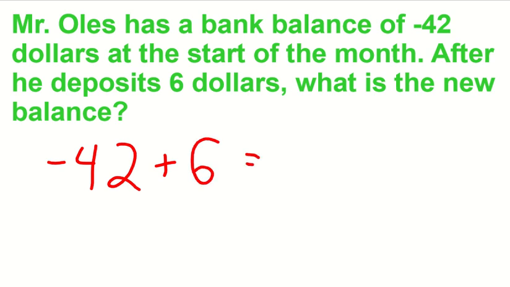All right, so then when we do that, signs are different. We subtract, use the sign of the bigger number. Everybody clear on that? All right, one other thing with banking type questions.